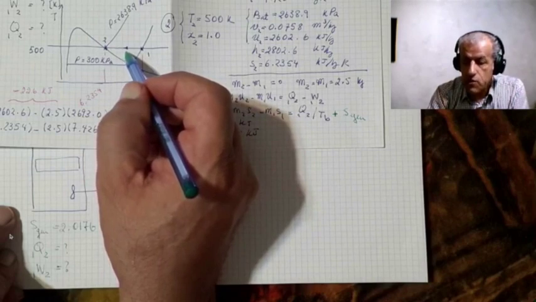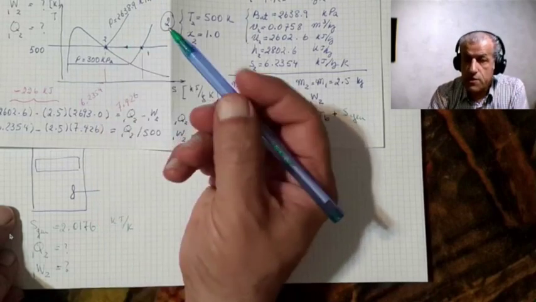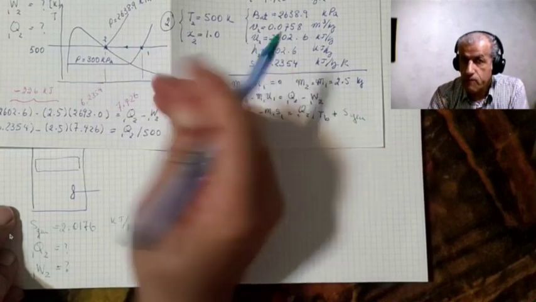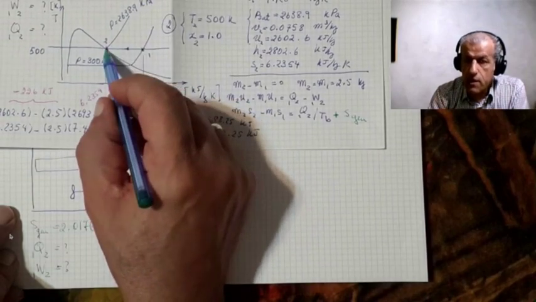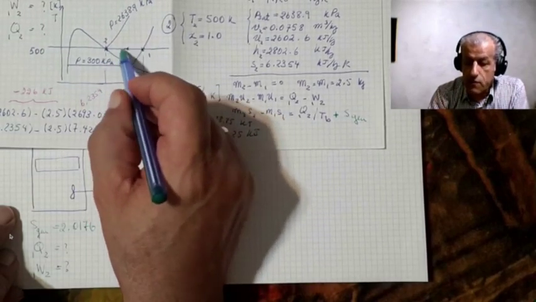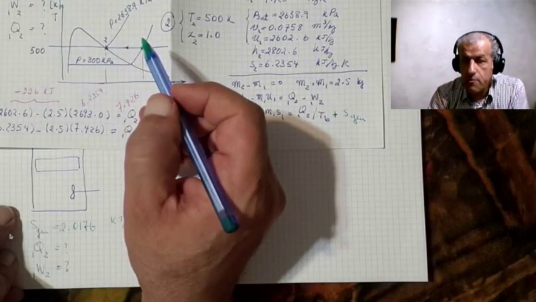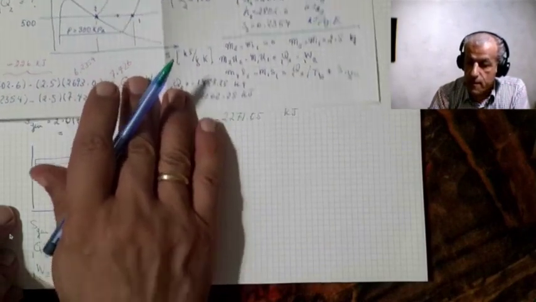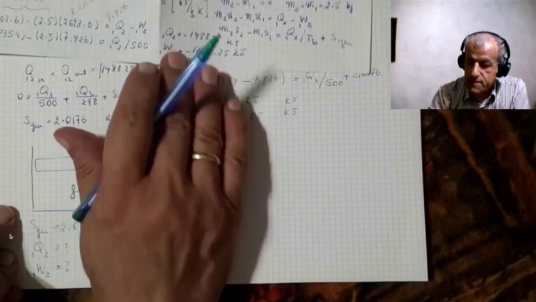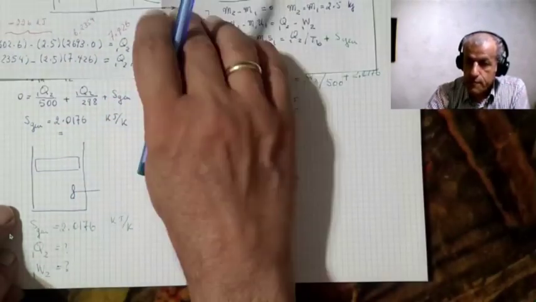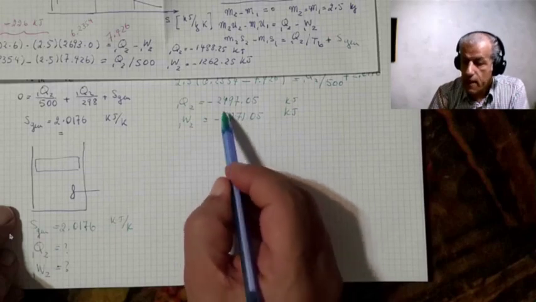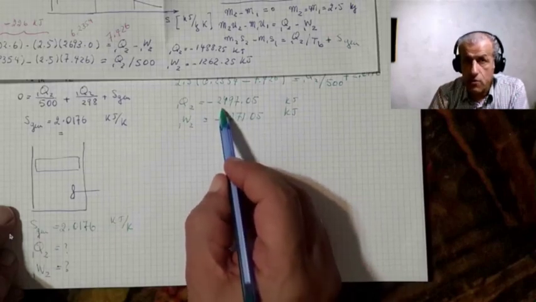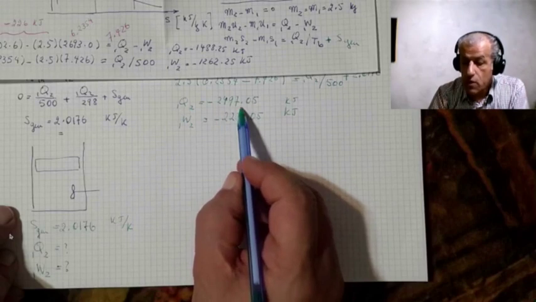So if we wish to draw the green process, the new process, we would still start from the same point, end over the same point, and draw over the same line. But you see, the irreversible process requires more work and also delivers more heat to the surrounding.